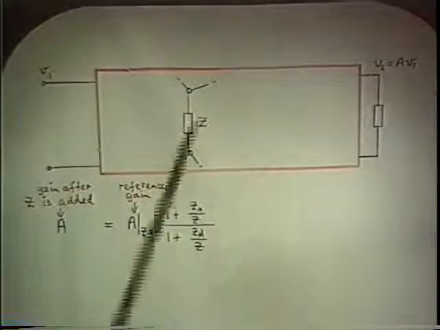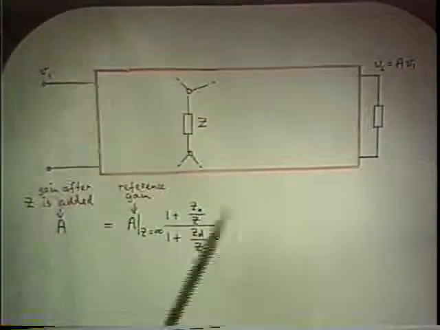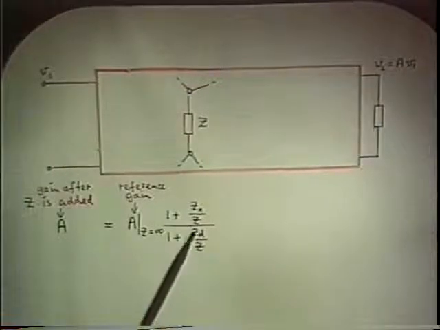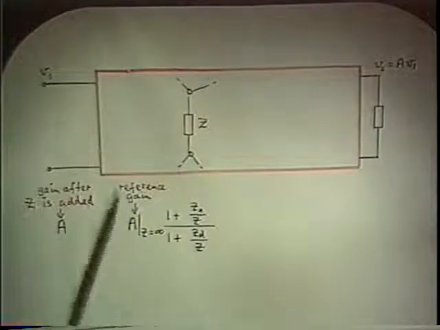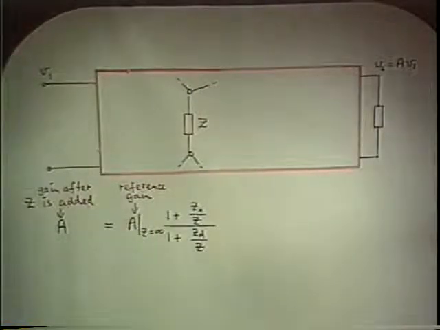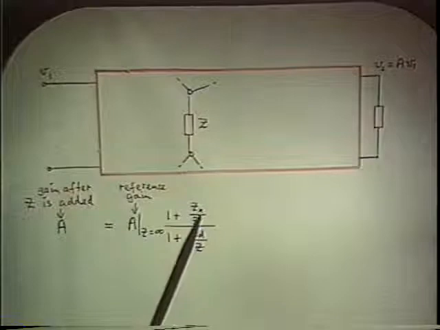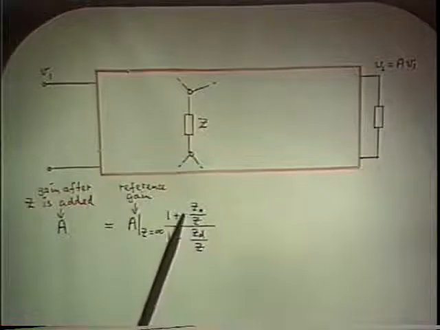And to accommodate the additional element, all you have to do is find a correction factor that multiplies the first answer. That's how you get the benefit of using all of the work you did already, which is most of it. All you have to do is find the correction factor.